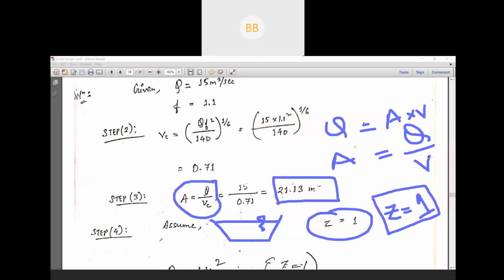So in step number 4, we consider that the channel is trapezoidal and the side slope is equal to 1. Then what is the area equation for a trapezoidal channel? We have already discussed this. It is the width of the channel multiplied by y plus zy square.